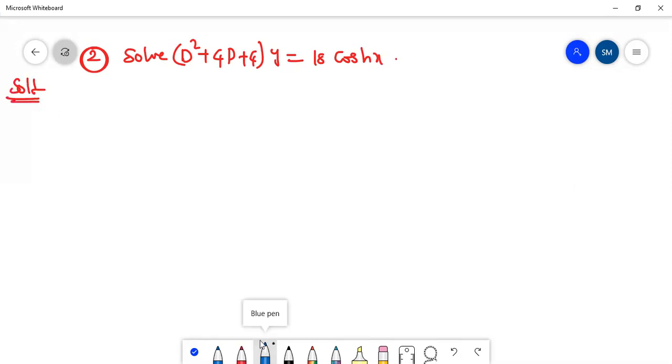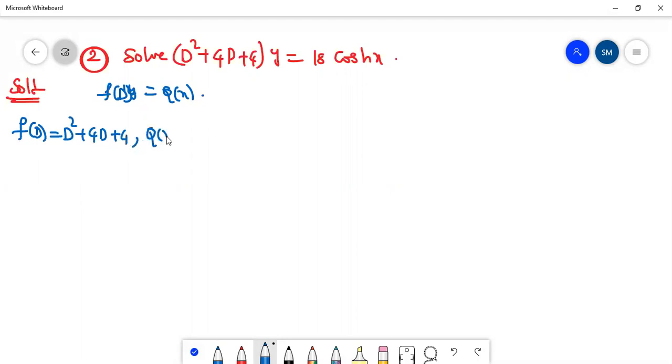Solution. Here first we observe the given equation, which is in the form of f of D into y is equal to Q of x. Here f of D is equal to D square plus 4D plus 4, Q of x equal to cos hx.